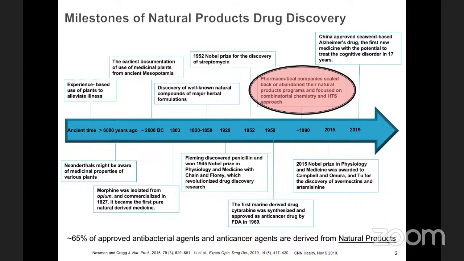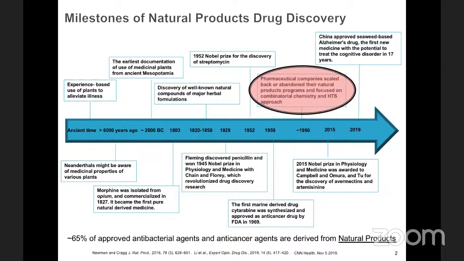Agonist means improving the activity, antagonist means inhibition of the activity. So the idea is, people think, and still there are a lot of scientists who think, that we can develop a molecule on our own and we don't need to rely on nature.